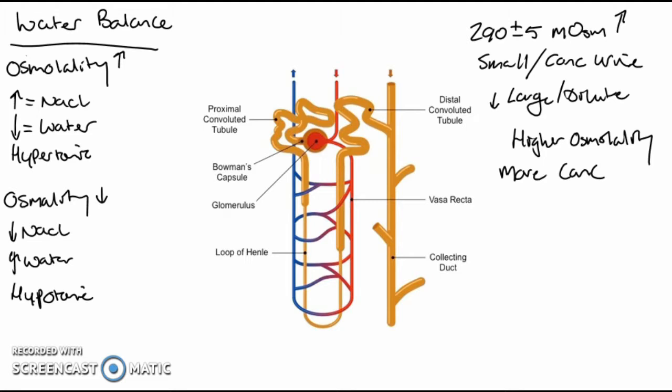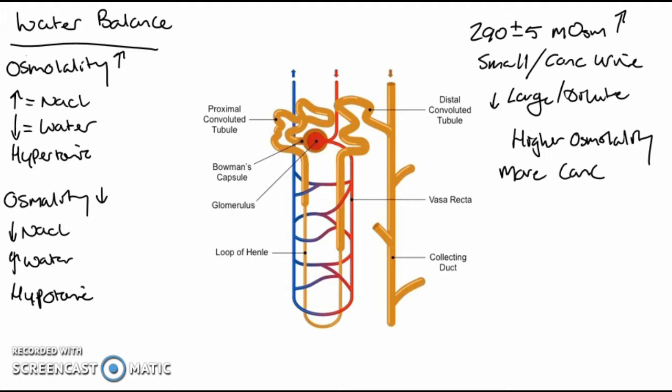So if the osmolality starts to increase, that means the plasma is getting more and more concentrated, which basically means that you are low on water. So if that happens, you want to make small quantities of concentrated urine, because we want to try and retain all the water that we can possibly get. If this starts to drop, then that means the plasma has got too much water in it, which means we're going to start to make large quantities of dilute urine.